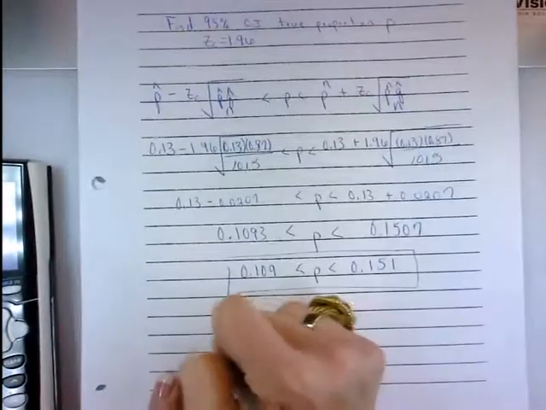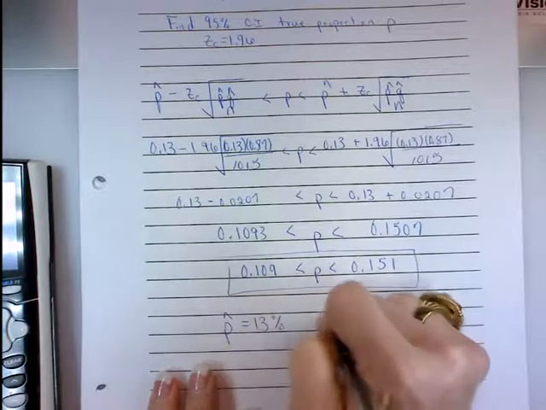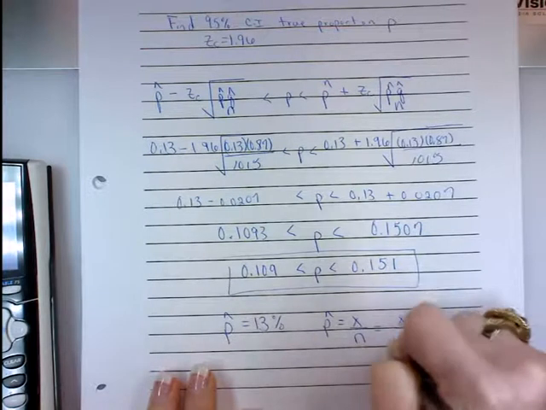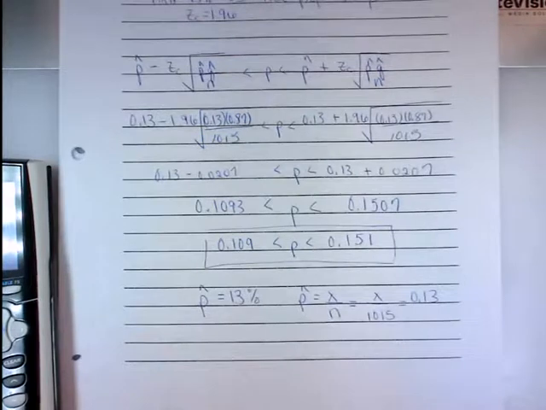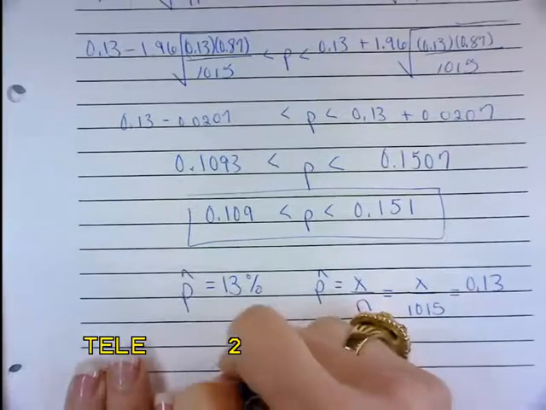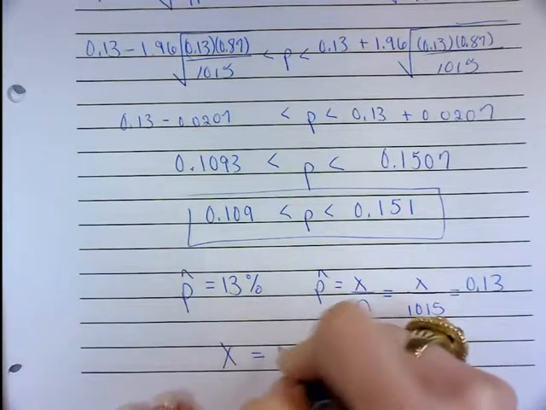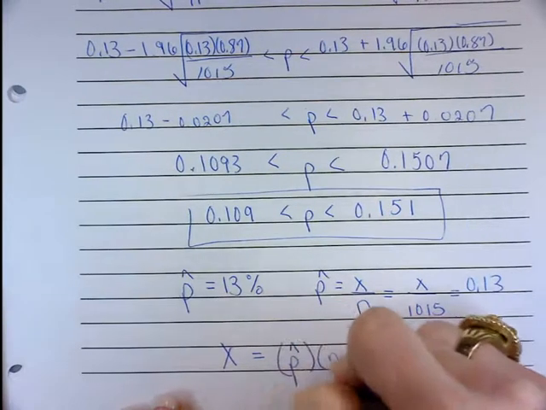Calculator. With the calculator, if you notice, they give p-hat is 13%, but p-hat is x divided by n, and n is the 1,015. So we know that x over 1,015 is equal to the 13%. If the word problem doesn't give you x, but your calculator calls for x, take the p-hat that they give you and multiply by n.